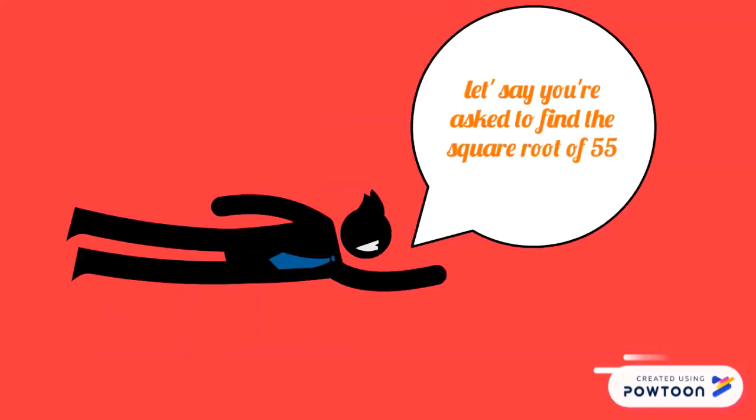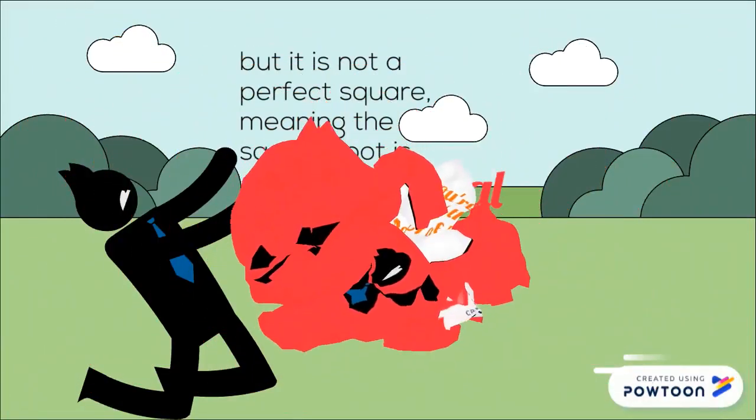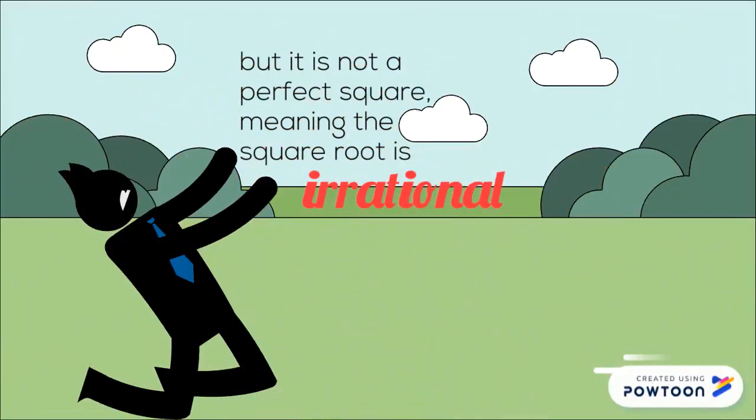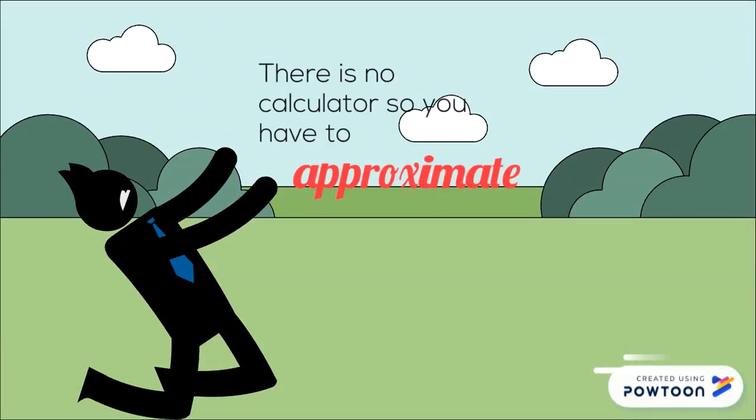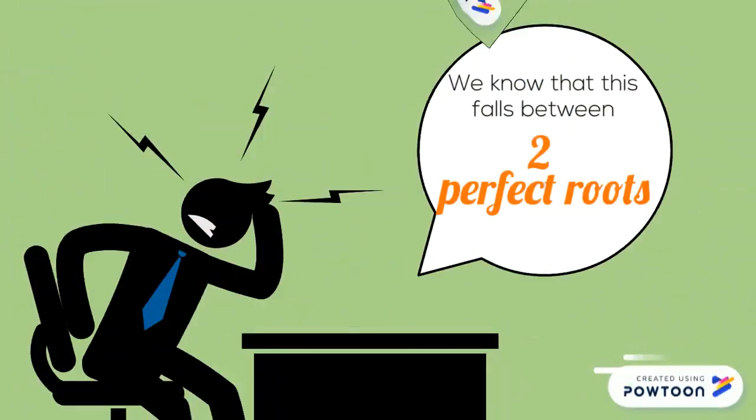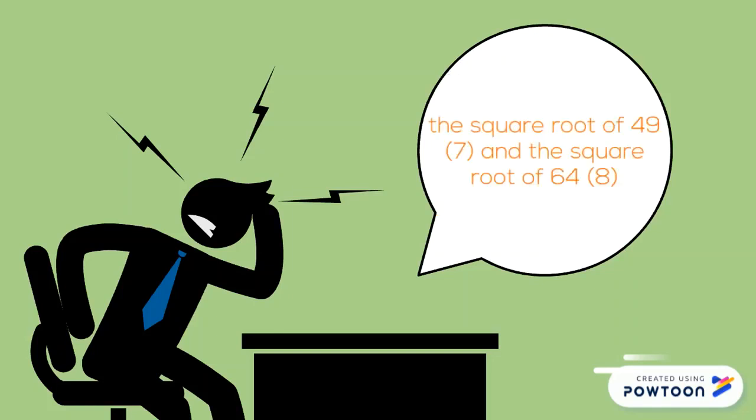Let's say you're asked to find the square root of 55. But it's not a perfect square, meaning the square root is irrational. There's no calculator, so you have to approximate. We know that this falls between two perfect square roots. The square roots are the square root of 49, which is 7, and the square root of 64, which is 8.